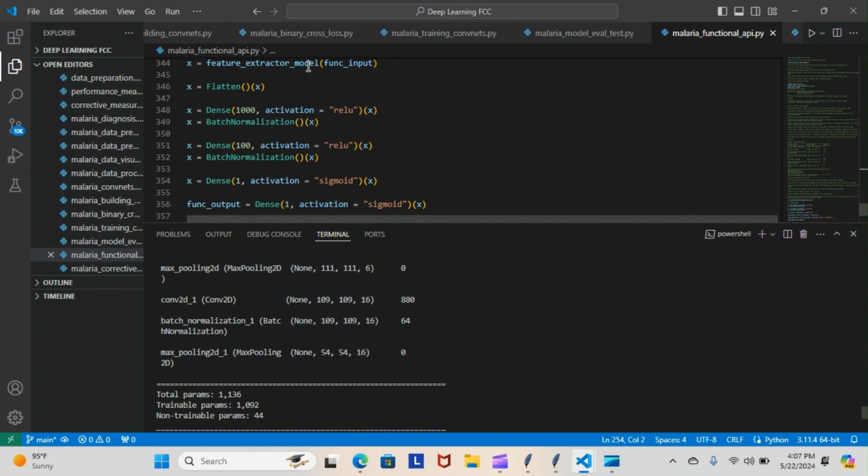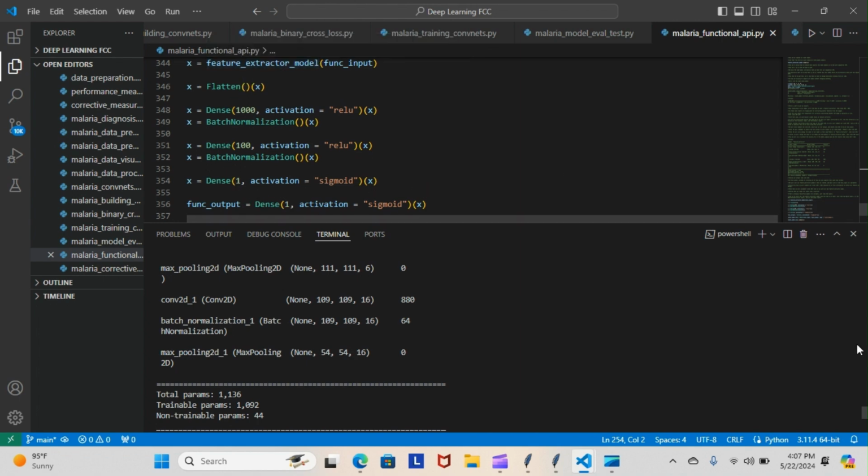Then we have our classifying information as usual, and our output equals dense layer 1 with activation sigmoid. So instead of writing out all of the Conv2Ds, max pooling, and batch normalization, all of that got fitted into this one function, and we ran it alongside our classifying information.